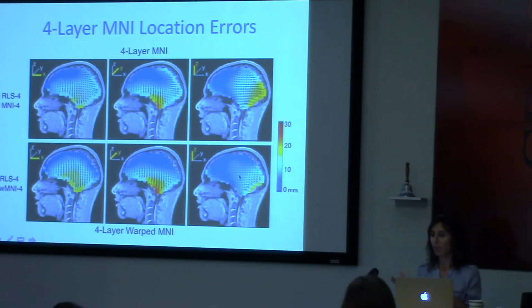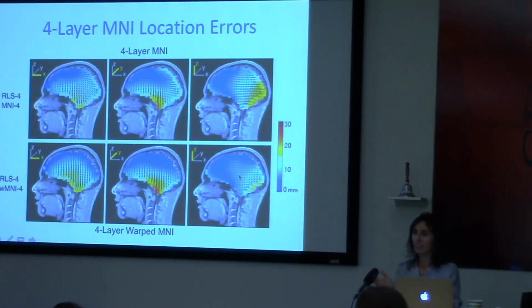So even if we don't have the MRI, if we have the digitizer locations, then we can still have a more individualized head model that would give less source localization error.